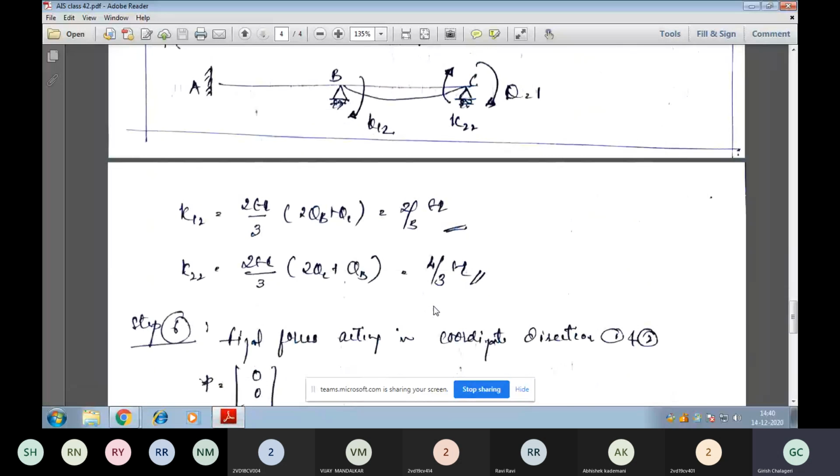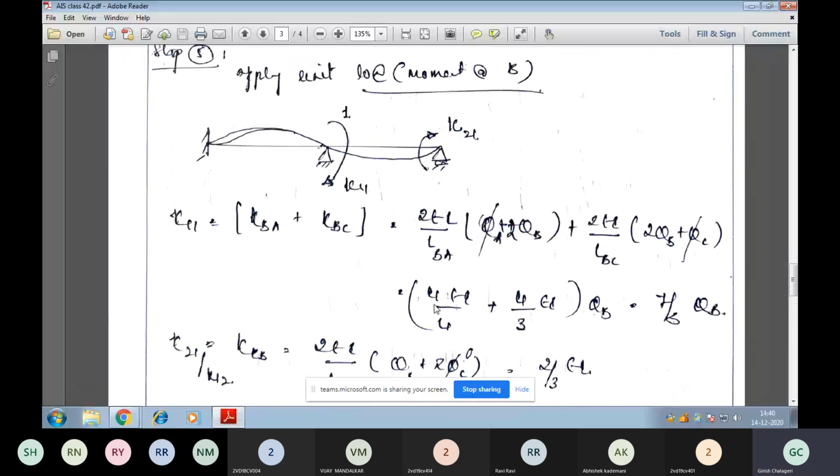One thing I want you to keep in mind: when we find K11 or K21, when you write the whole equation, you can see here we have written the equation 2EI by L_AB, theta B plus theta B. At whichever joint we apply the unit rotation, that rotation will be active.